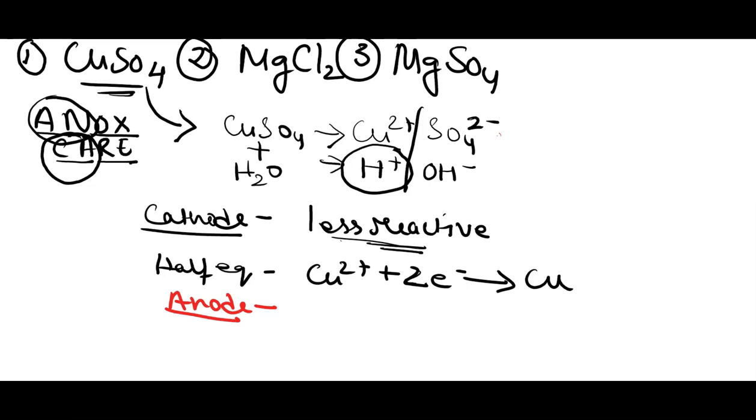So make sure you remember this: when there is no halogen in the compound, the product that will be formed at the anode end will definitely be oxygen and water. So let's write the half equation of what's going on at the anode end.